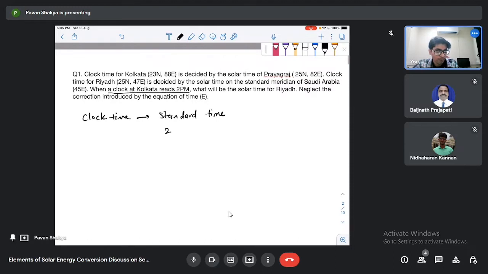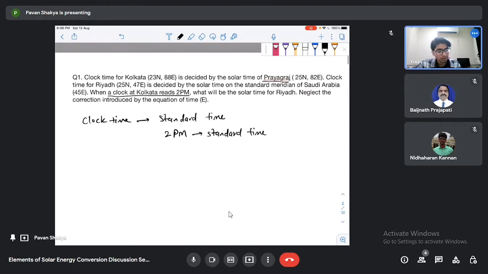So this 2 p.m. is the standard time for all over the country. Also we know that for India the standard time is decided based on the location Prayagraj. So this 2 p.m. will be the solar time for Prayagraj also.